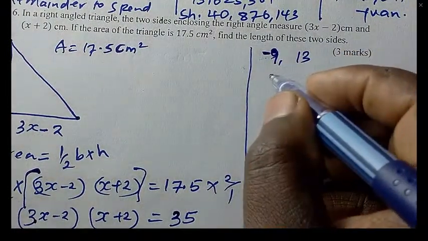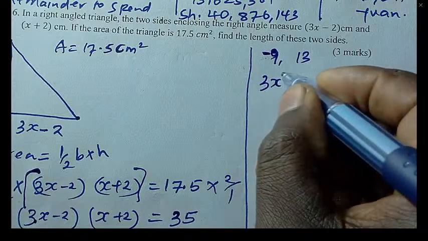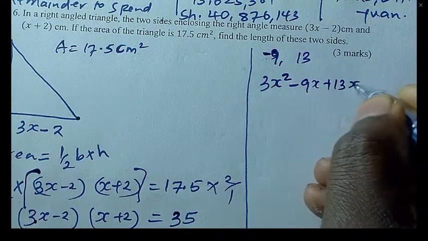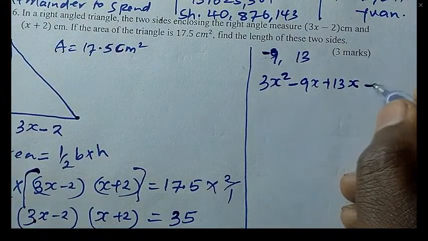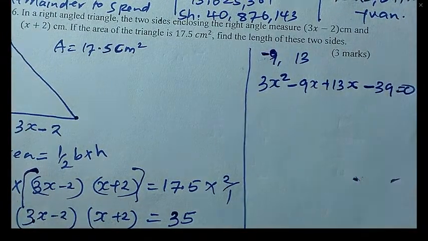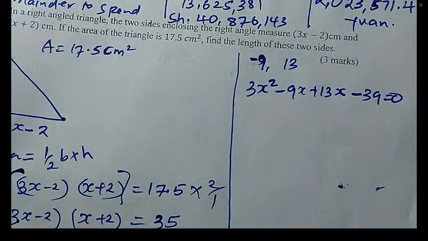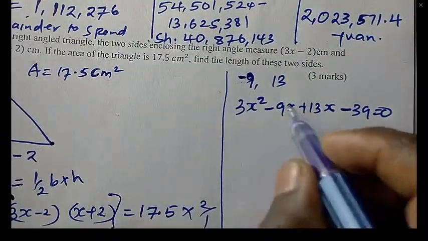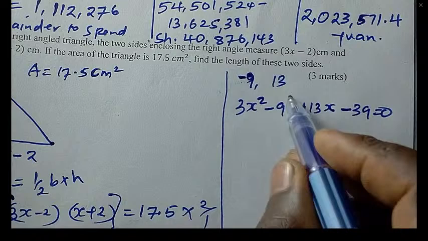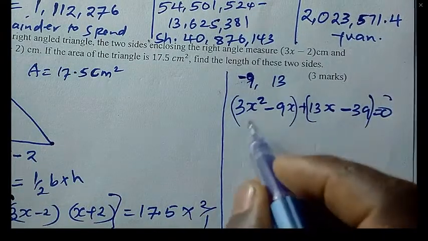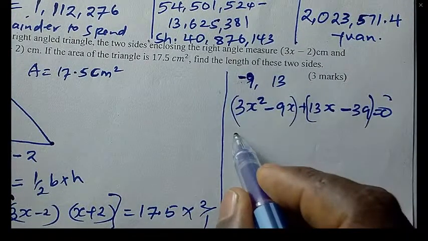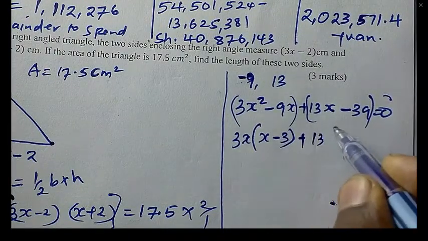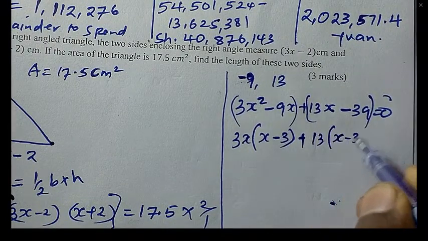So it means that 3x squared minus 9x plus 13x minus 39, the answer is 0. Group them into 2 like this. So 3x into x minus 3 plus 13 into x minus 3, the answer is 0.